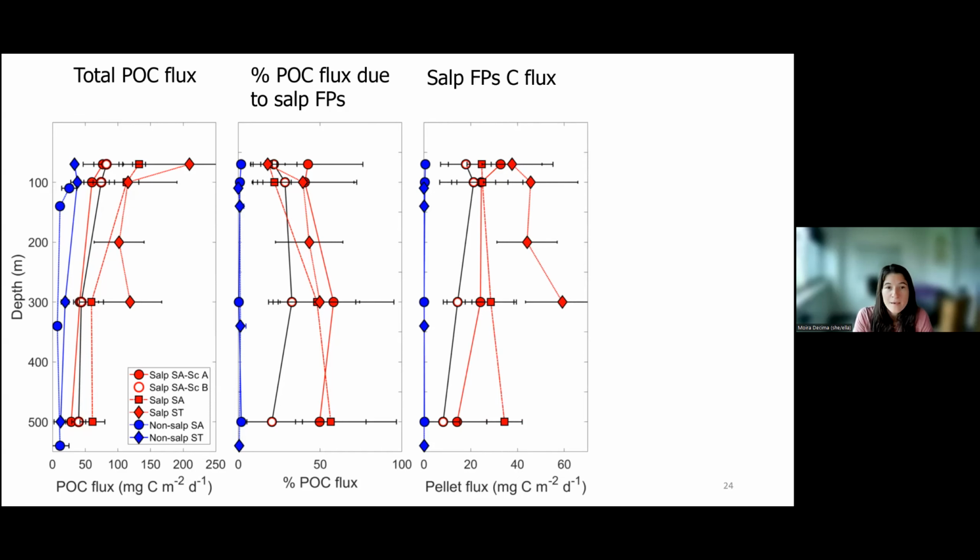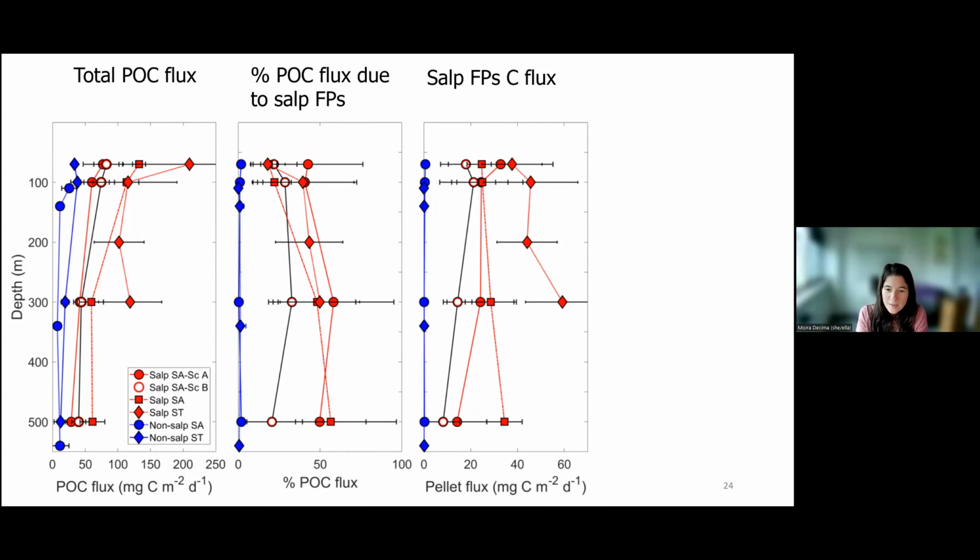And so we wanted to know, how much do Salps increase carbon flux? If we take the most conservative estimate and say 50% is their contribution, that's the absolute minimum: they're doubling the amount of flux, and that's based on these intact pellet estimates.